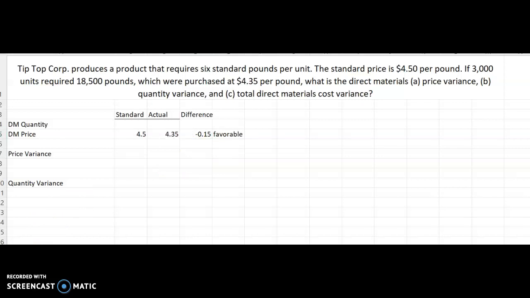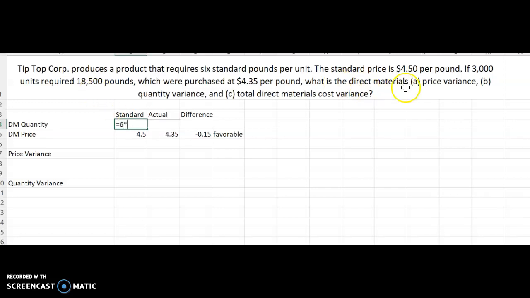Now I need to look at my quantity. So in this quantity, I'm told that I normally need 6 pounds per unit, and we want to know that pounds times actual that we produced. So we will say standard is the 6 times what we actually produced.